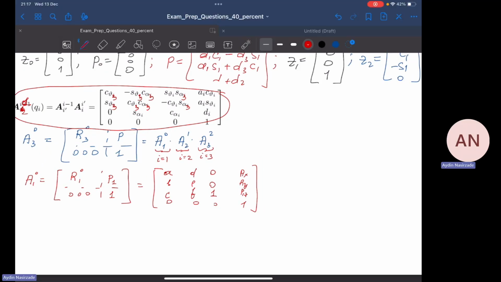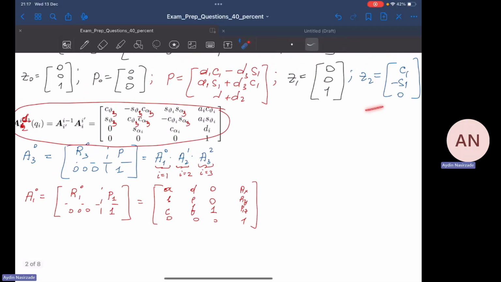What about Z2? This one is still missing. Z2 can be found from A2 to 0, which is the multiplication of A1 to 0 times A2 to 1. You know this one and you know this one because they are consecutive frame transformation matrices. Multiply them and you get A2 to 0.